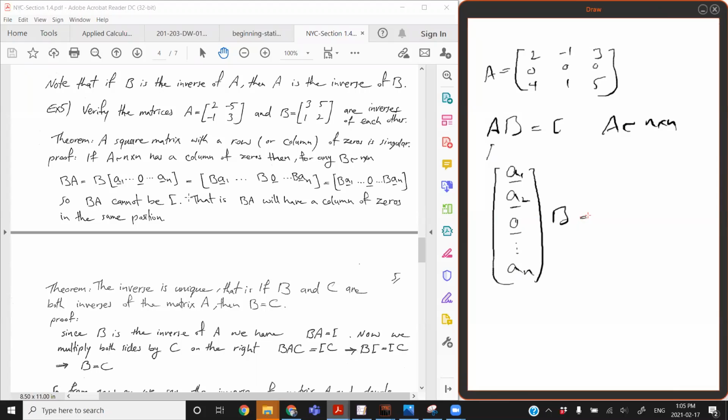Times B. Because if you remember, we talked about this before, partitioning matrices. When you multiply two matrices, you can partition the first matrix by the rows, you can partition the second matrix by the columns.